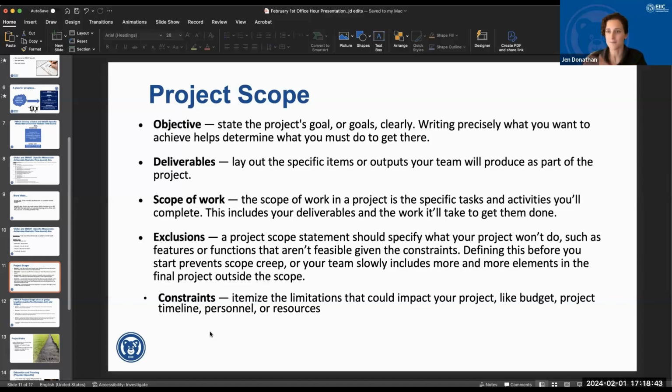It's pulling out from your work plan and simplifying it even more. What's your objective? You can create a charter for each aspect of the project work you're doing: what are the specific objectives, deliverables, and scope as you go through your project journey? We have those outlined here that we can share with you.